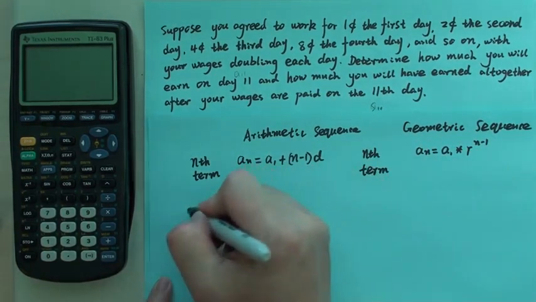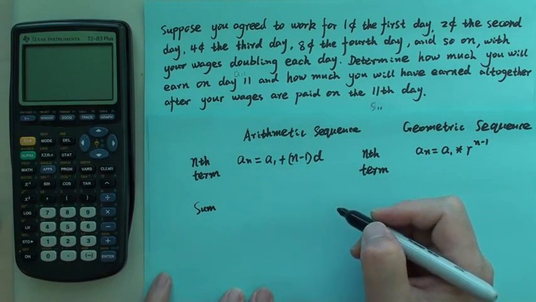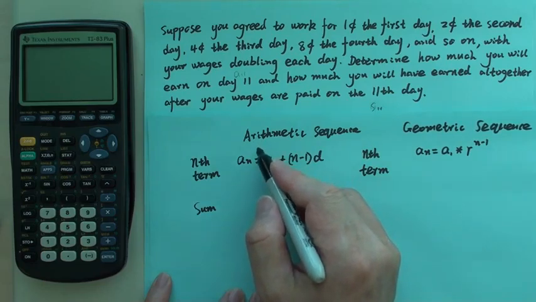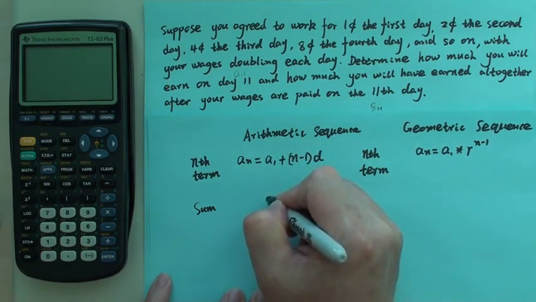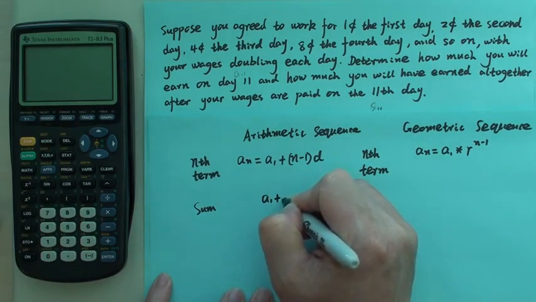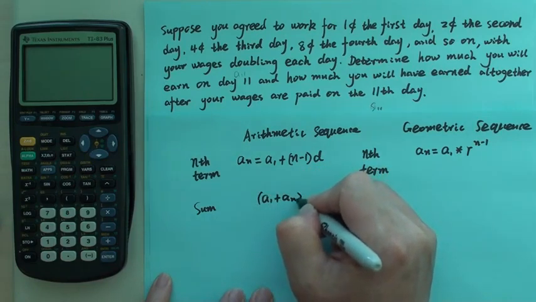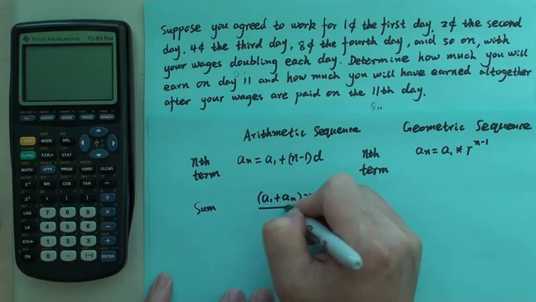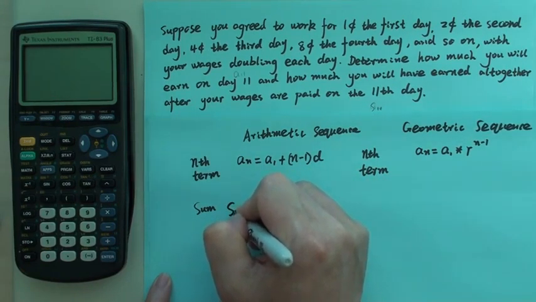And then for the sum, for the arithmetic sequence it is the first term plus the last term, times the number of terms, divided by 2, and that gives you Sn.